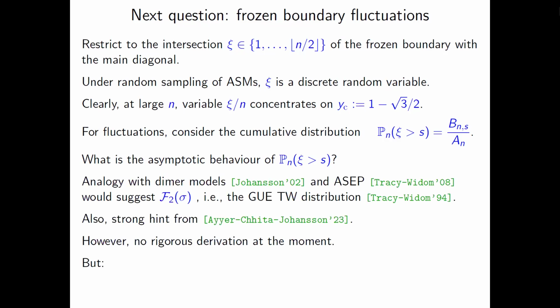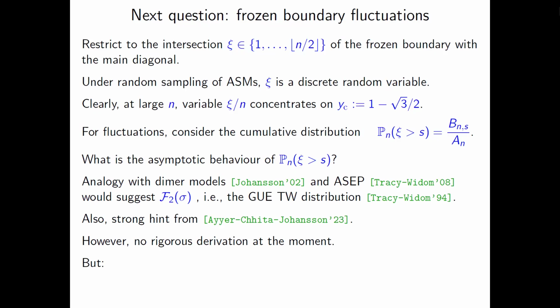We have an analogy with dimer models, because the domino tilings of the Aztec diamond is essentially an enumeration of ASM, and in that case the fluctuations are governed by Tracy Widom, as was shown by Johansson long ago.